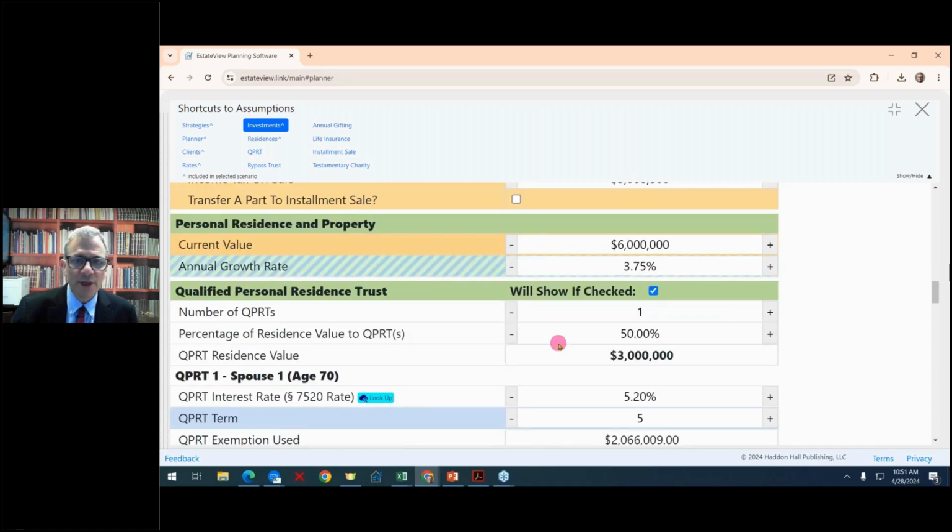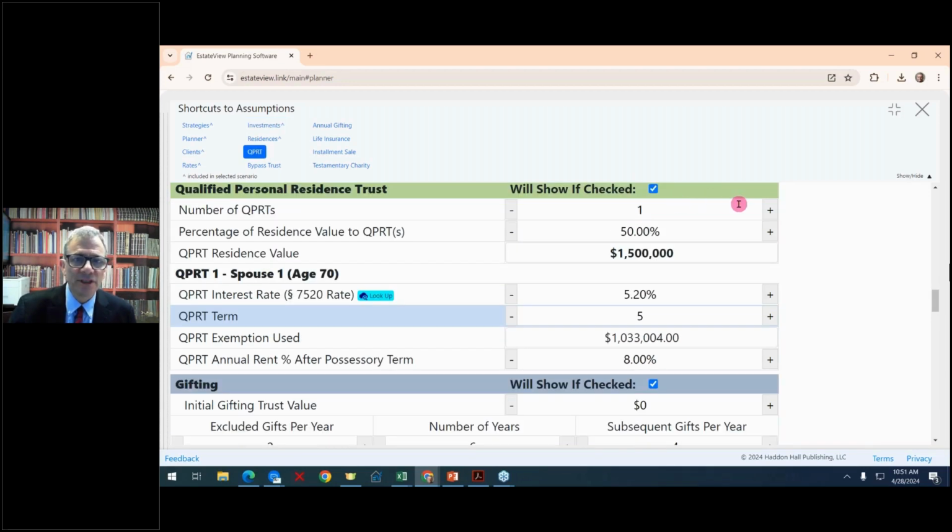My next input is, what is the value of the residential real estate? Let's say there's a house or houses worth $3 million that will appreciate at 4% a year. Now the question is, do I want to do a qualified personal residence trust? I can do one QPRT, placing the entire home in it, and I can select a term.